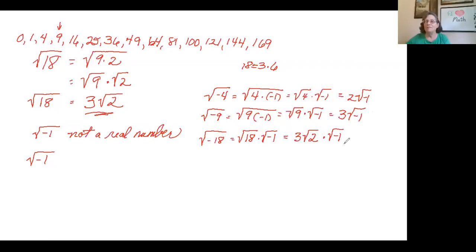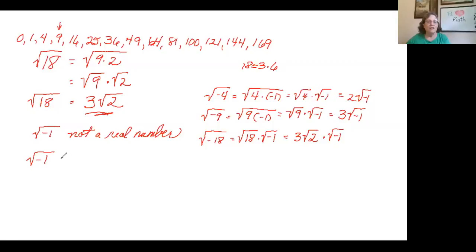So all we have to have in order to be able to take these square roots of all the negative numbers, we only need one more number, and that's the square root of -1. The problem is there isn't a real number.